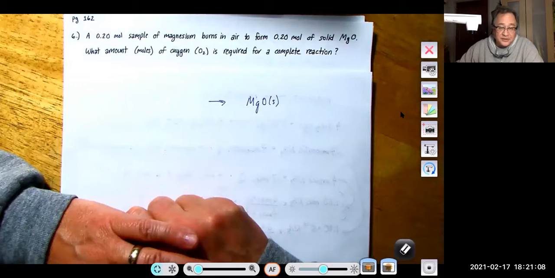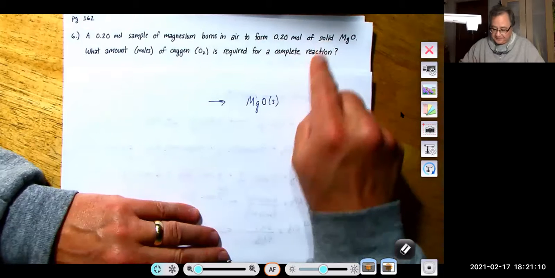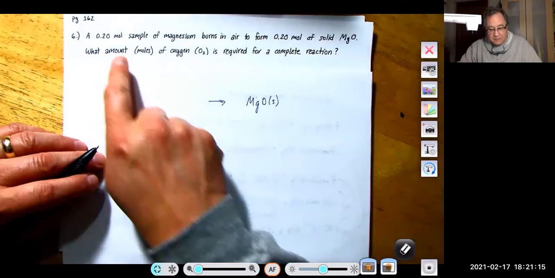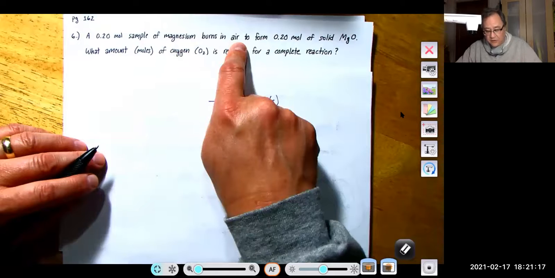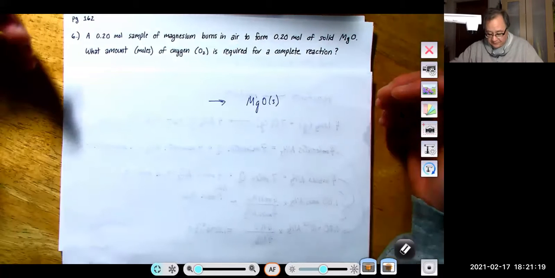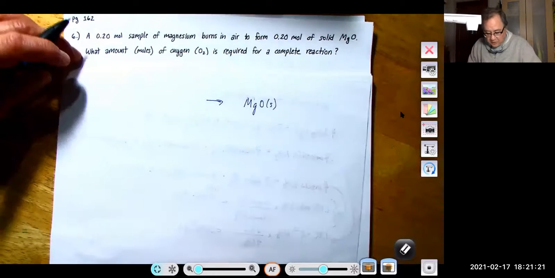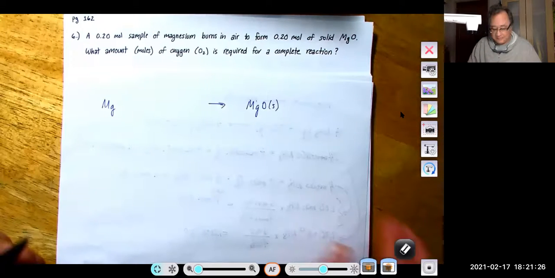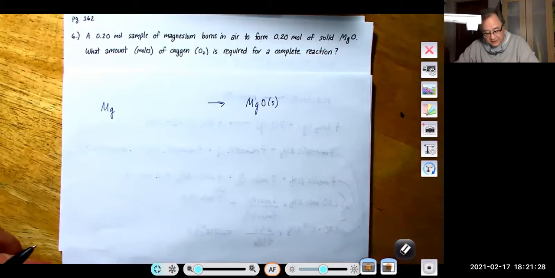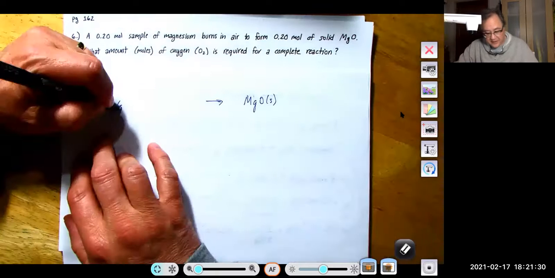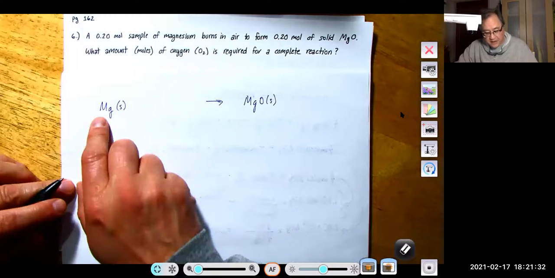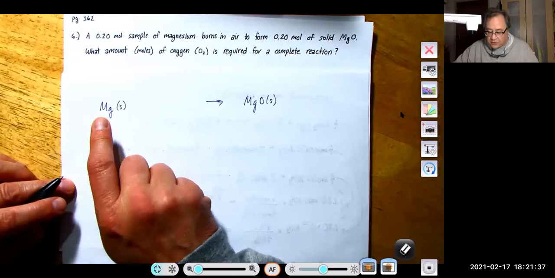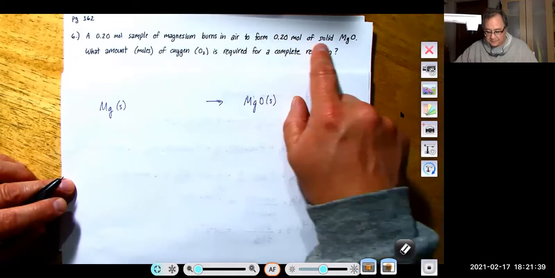And since it tells me it's a solid, I'm going to put a parentheses S. Now, this burns in air. The burns part is kind of like a word for a particular type of reaction. So we're going to put magnesium, solid, liquid, or gas. And the answer is solid. And it's not a Honkelbrief, so I'm not going to write Mg2. This burns in air to form 0.2 mole of solid MgO.